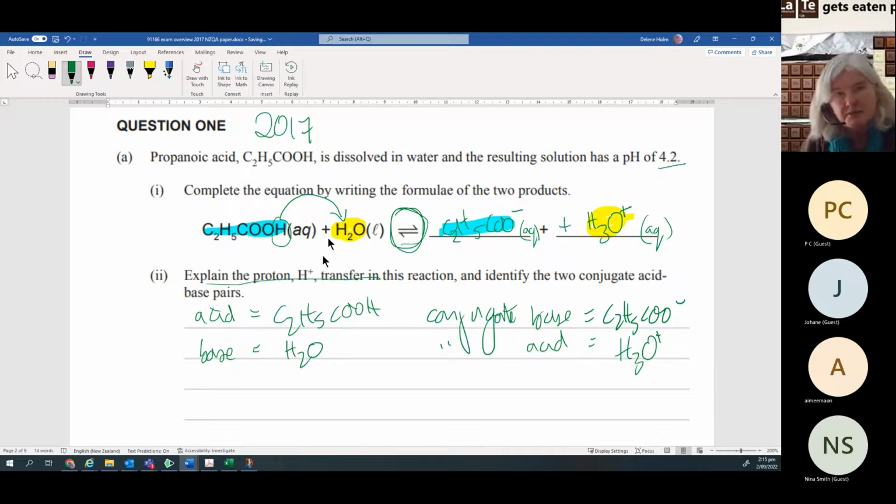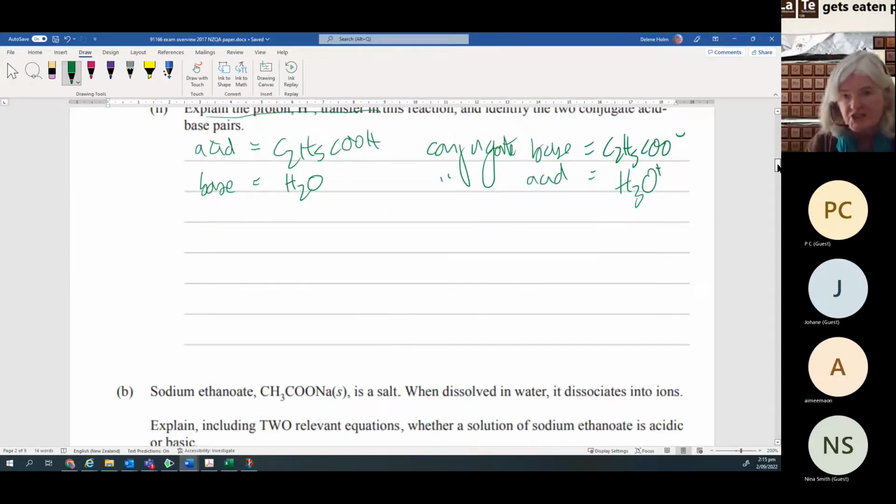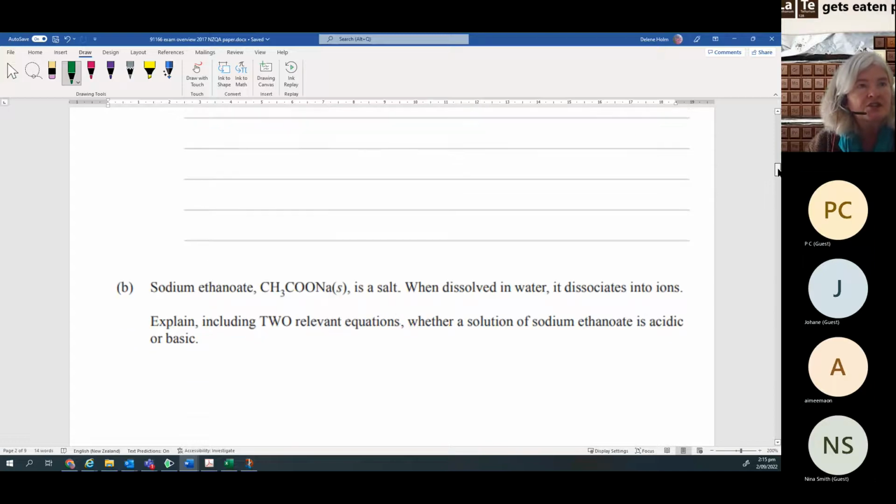And therefore it's a base. And once the acid has donated a proton, it's left with a C2H5COO minus, which is the conjugate base. So this would just be an achieved merit level question and not more than that. Please jump into the chat if you've got any questions.